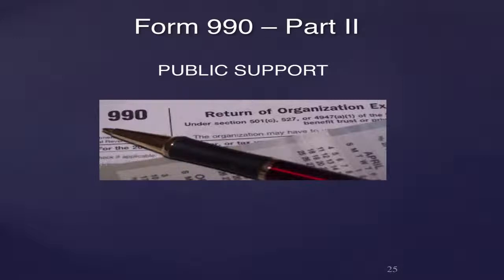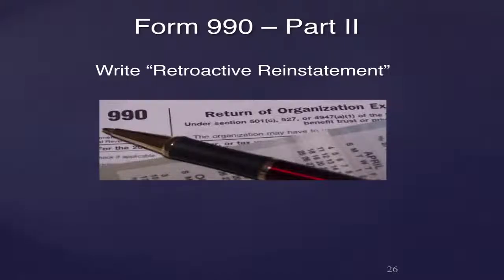Then you would total on number 4, lines 1 through 3. And number 5 is the portion of total contributions by each person included on line 1 that exceeds 2% of the amount shown on line 11, column F. Number 6, you would subtract line 5 from line 4, and that would give you the total that should go here.